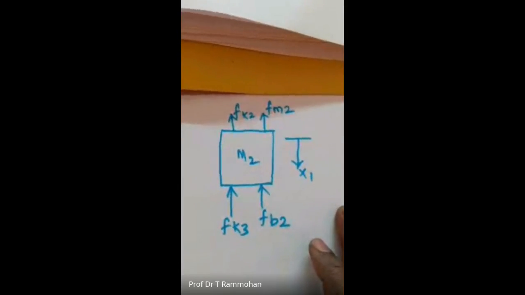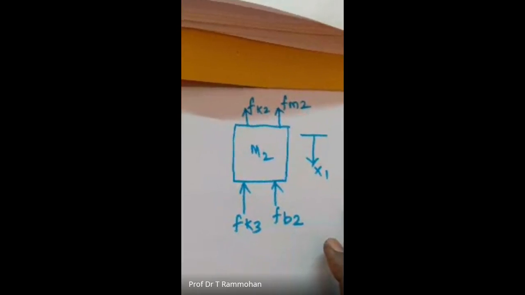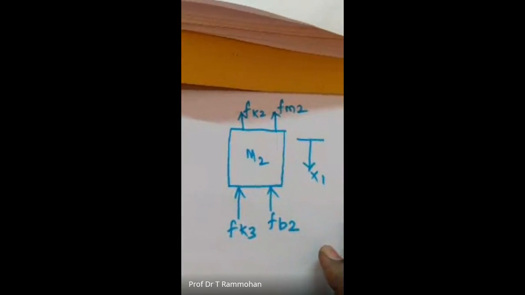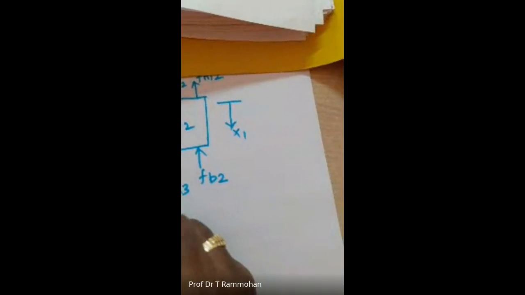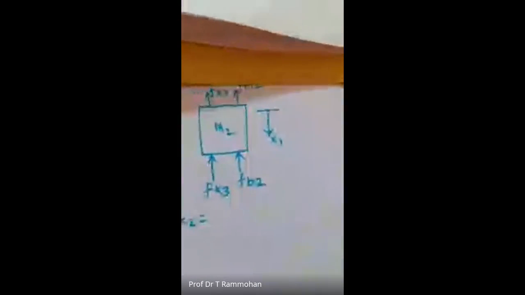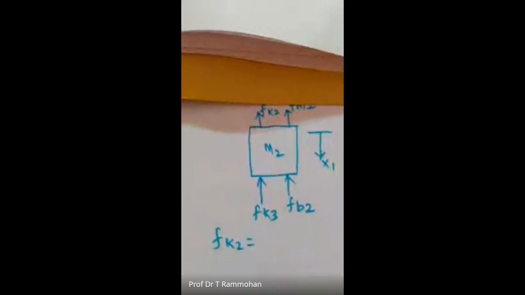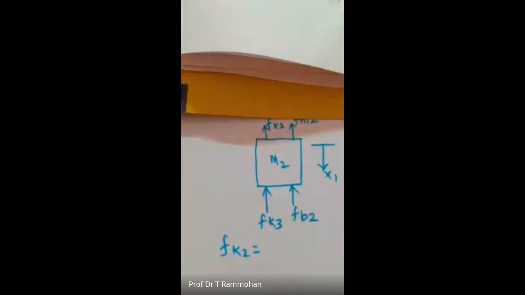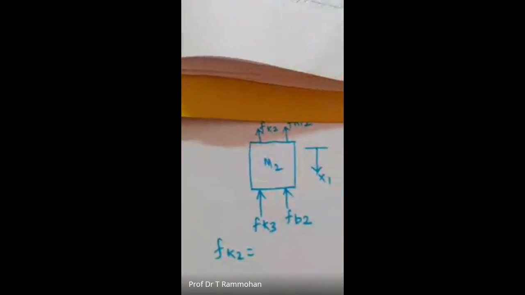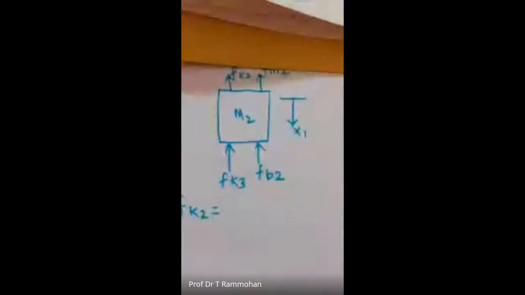This is the free body diagram for mass 2. So now, what is FK2? Somebody can unmute and answer so that it can be live. I call Abhirami. So Abhirami, you can unmute and answer. What is FK2?